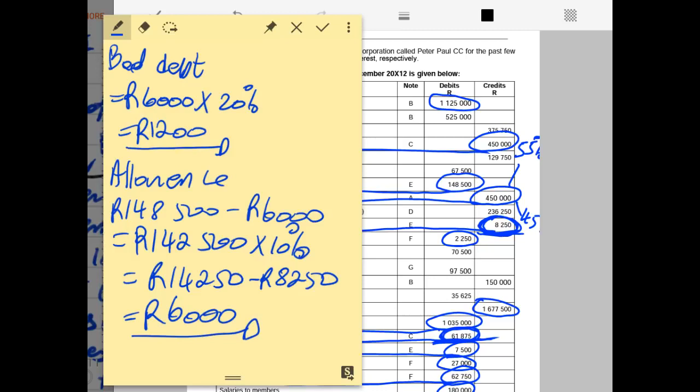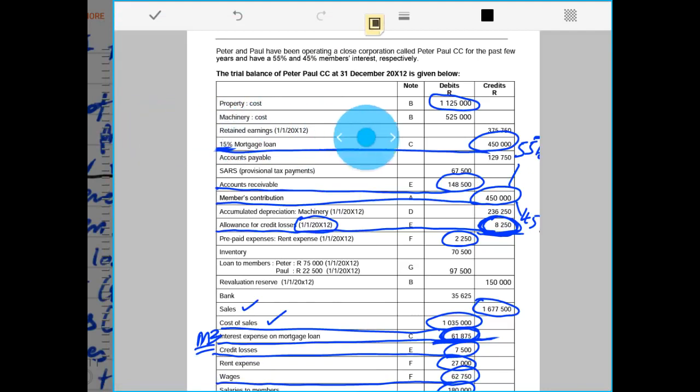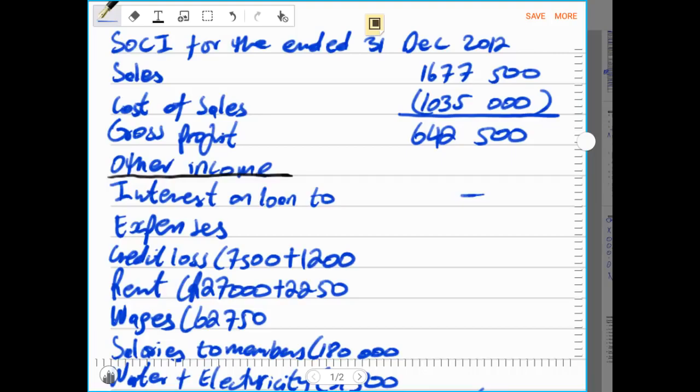That means our allowance increased by 6,000 from 8,250 to 14,250. Therefore, the estimate of bad debts that will not be paid back is increased by 6,000. So the 6,000 will be recorded under the credit losses again in the income statement as plus 6,000 rands.